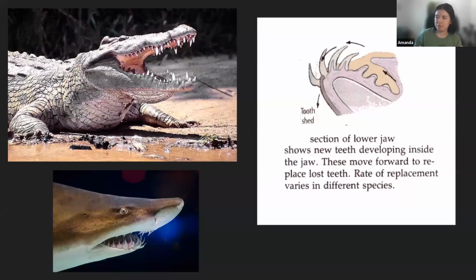And many mammals are diphyodonts. Polyphyodonts will continuously lose and replace teeth, like alligators and sharks or crocodiles. Most mammals, like I said, are diphyodonts, except for elephants, kangaroos, and manatees, which are polyphyodonts.